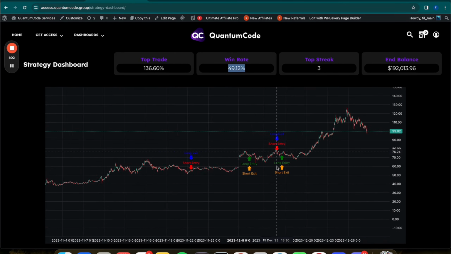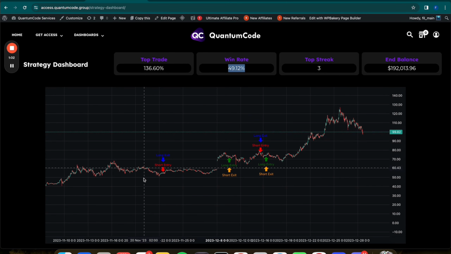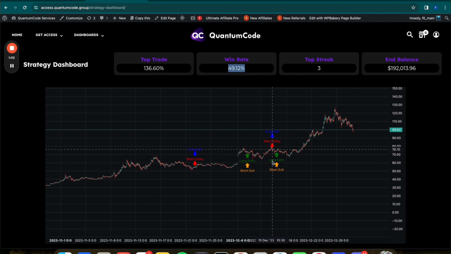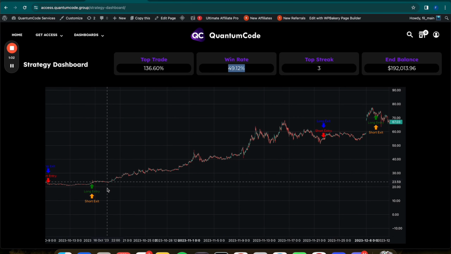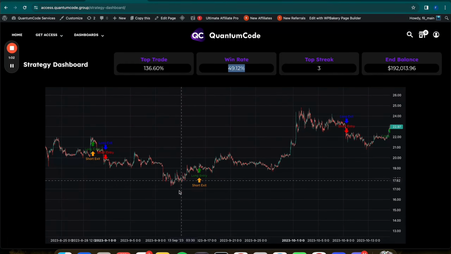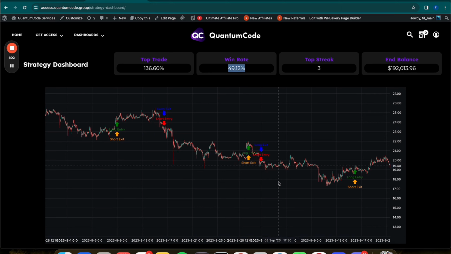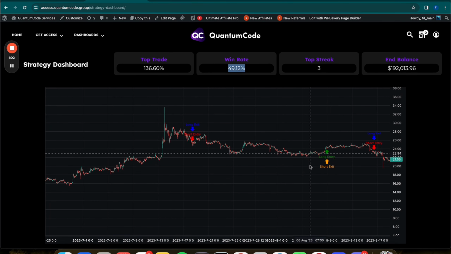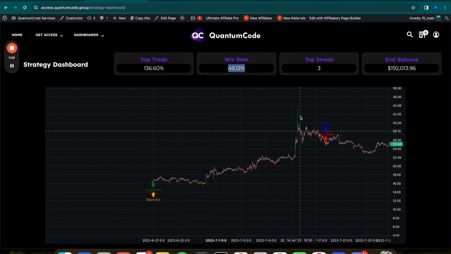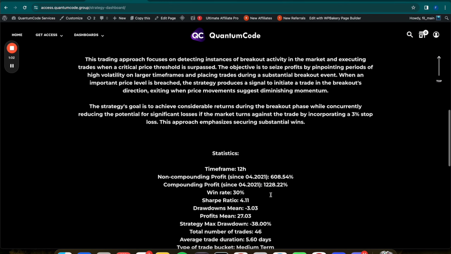But what can happen is that these trades might be chopping around. Whenever it chops around, it chops around. But what it catches is these big trades, like it did right here, right here, right here, here, here, here, and here. As you can see, those big moves are caught every single time. And that's the beauty of the strategy.